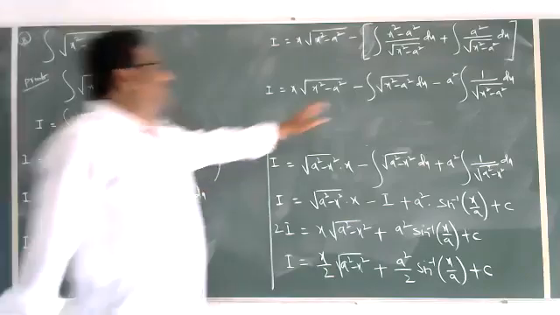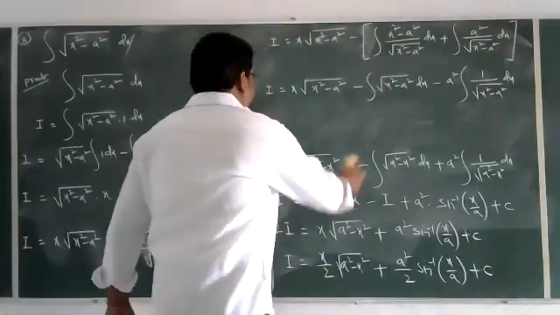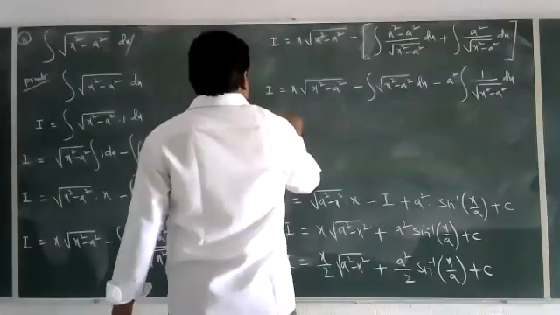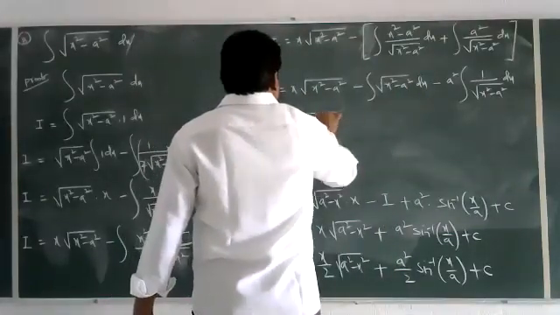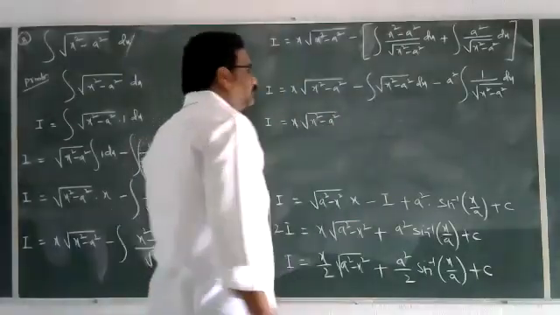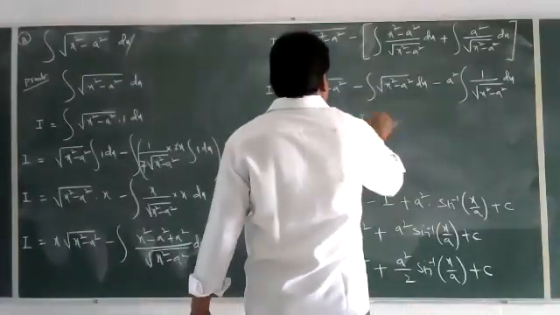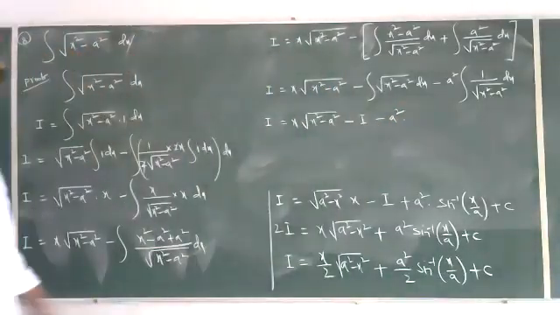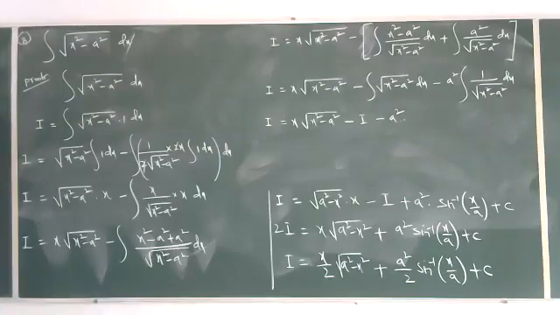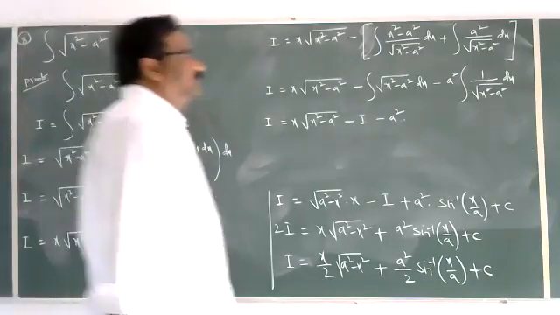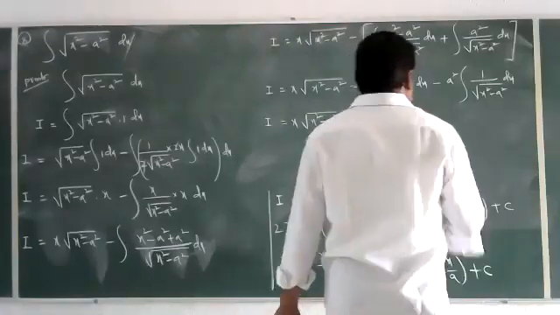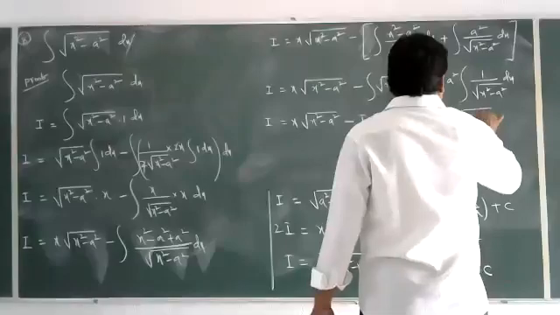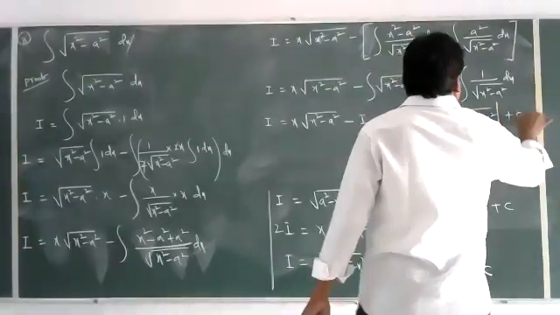So already we considered this as I. So I is equal to x into root of x square minus a square minus I minus a square into, what is the formula, integration of 1 by root of x square minus a square is log mod x plus root of x square minus a square plus c.